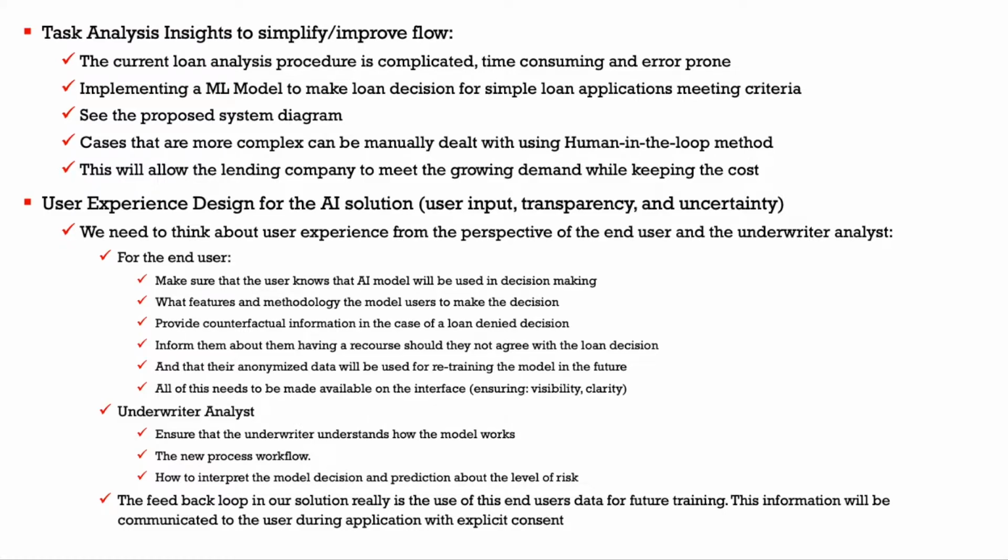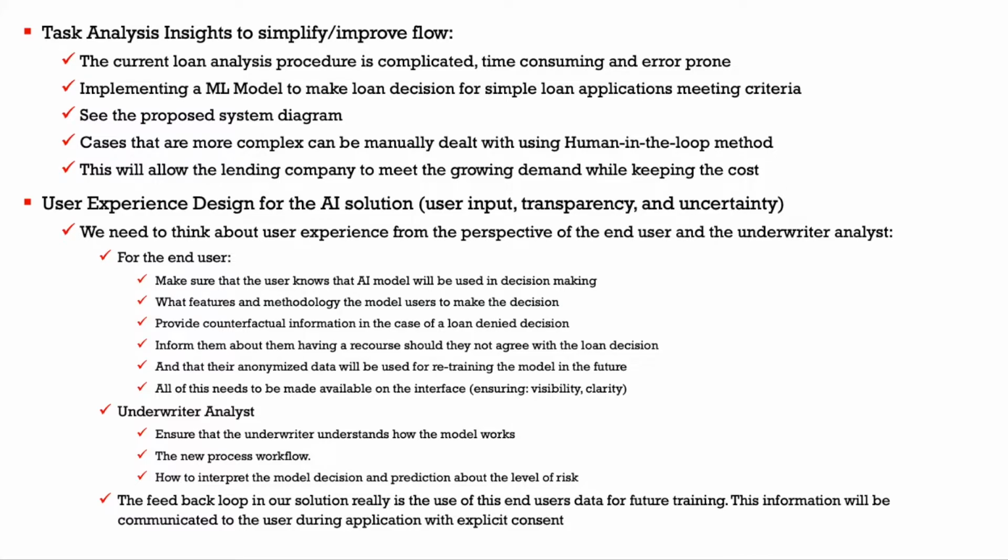For example, we could implement the ML model for simple applications where the income level is within a certain range, where the employment history is of a certain sort. Those rules can be written such that the flow of the loan applications automatically goes to the ML model instead of to the analyst.